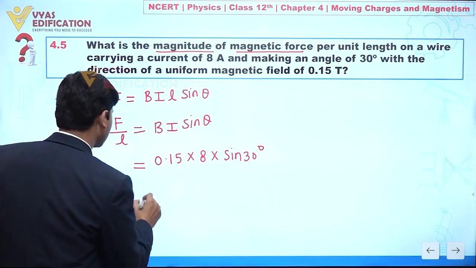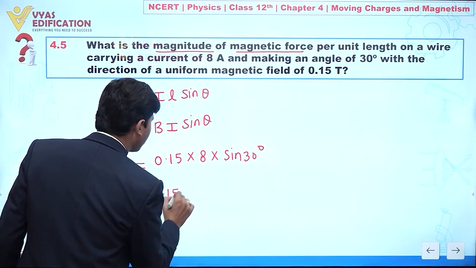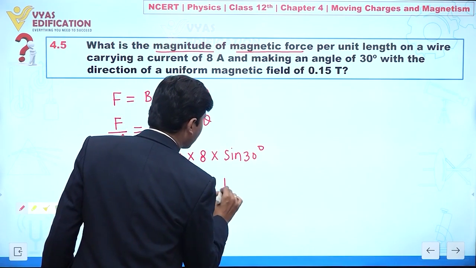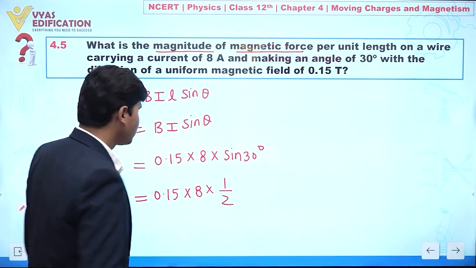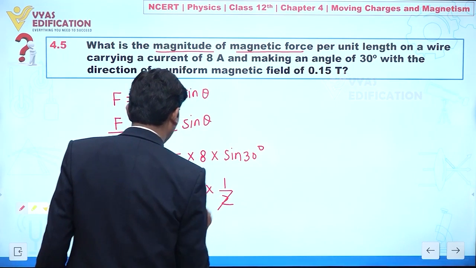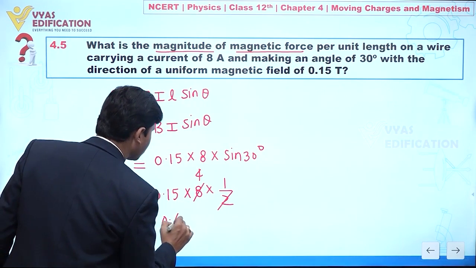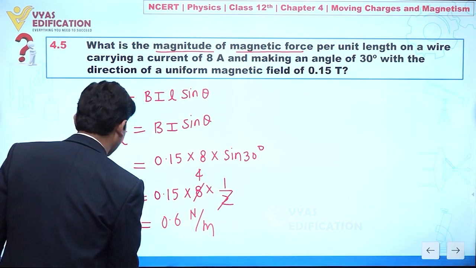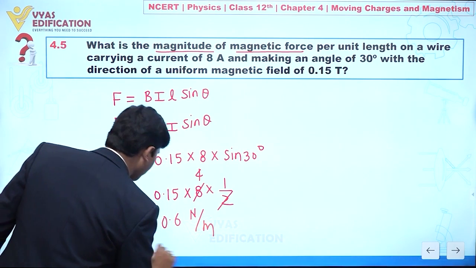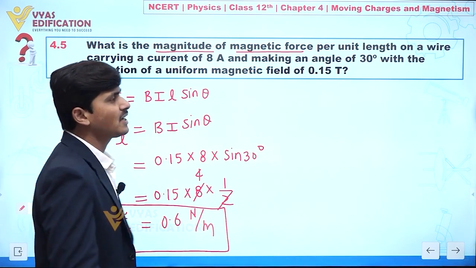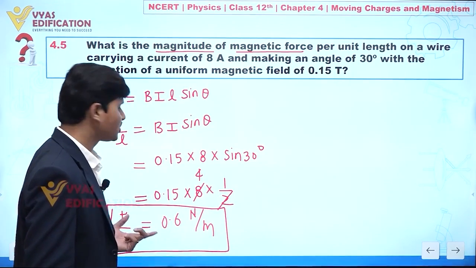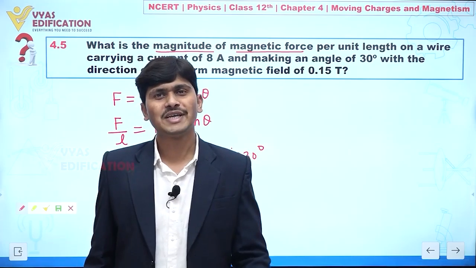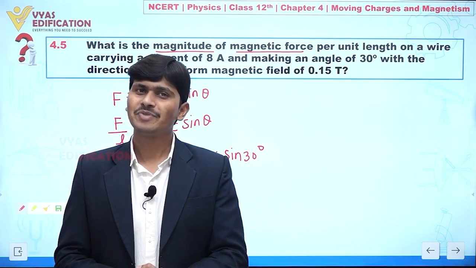So this is 0.15 multiplied by 8 into 1 by 2. This gives 4, so from here this is 0.6, and the unit is Newton per meter. So the force per unit length is 0.6 Newton per meter. Clear? So this is all about this question.